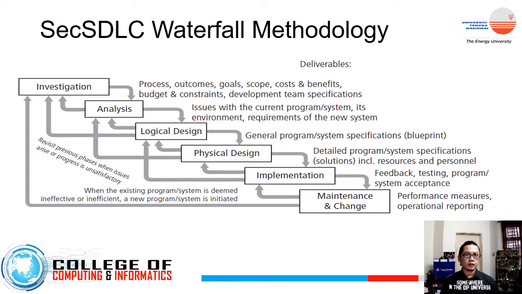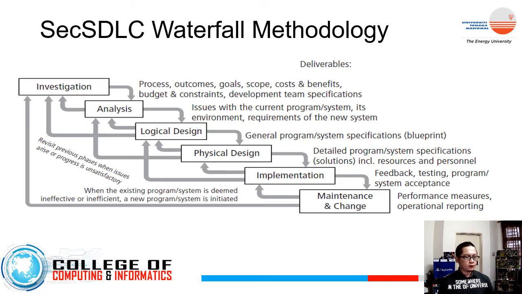So moving further from those activities, there's actually 6 phases that you need to follow in the SecSDLC in terms of recognizing what is the current condition of the asset, followed through by what could be the implementation and how you monitor the implementation of those security control.